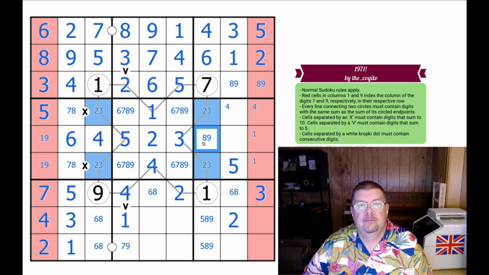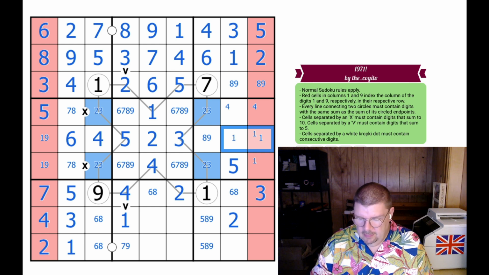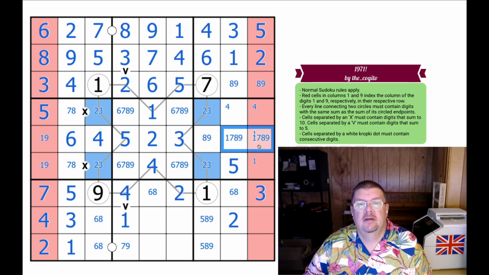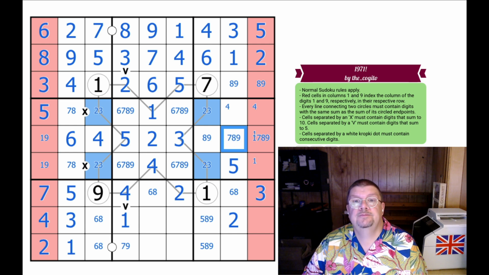Okay, remaining digits in this row are 1, 8, 9, and 7. 1, 7, 8, 9. That can't be a 1.